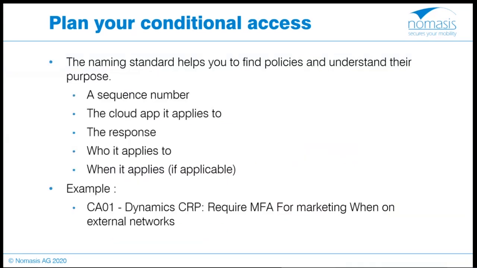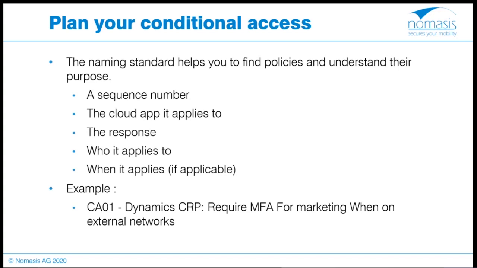Also, something very important when you do that is to have naming standards and naming conventions that help the admins describe and find what is going on in a conditional access. If you try to do it without good naming conventions, then it's really complex for the admins to find out how the rules work. You have to open every one of them, and you have to work out how the first one affects the others, and it can be very difficult.